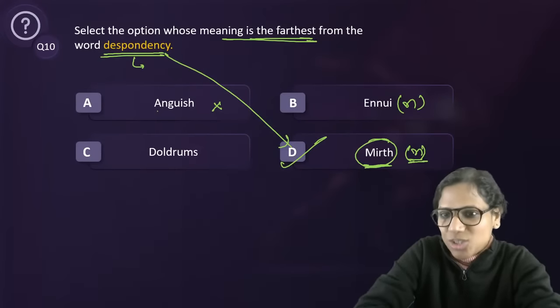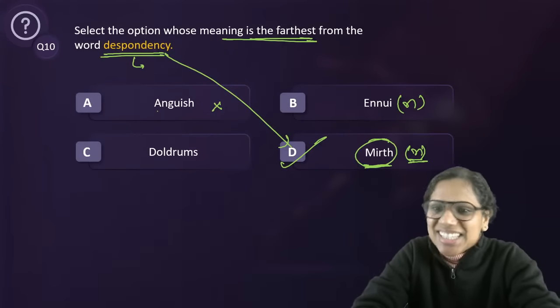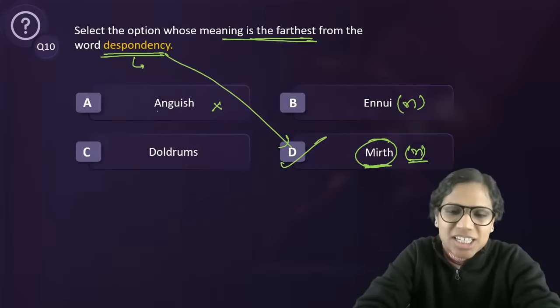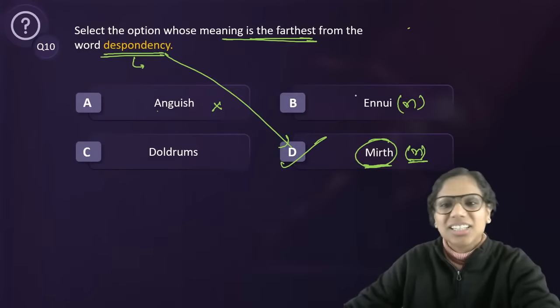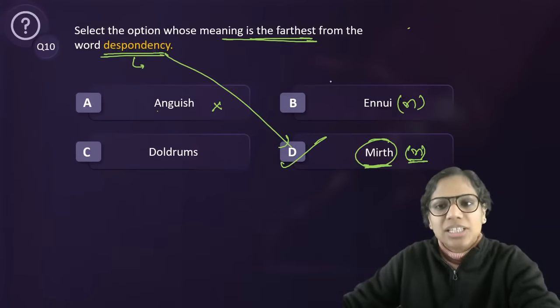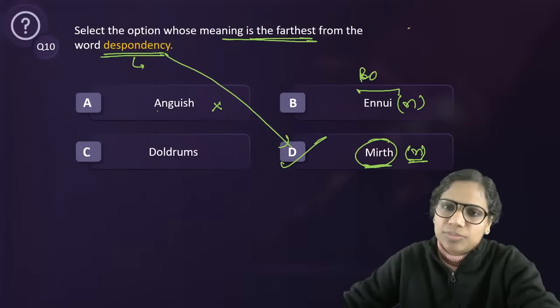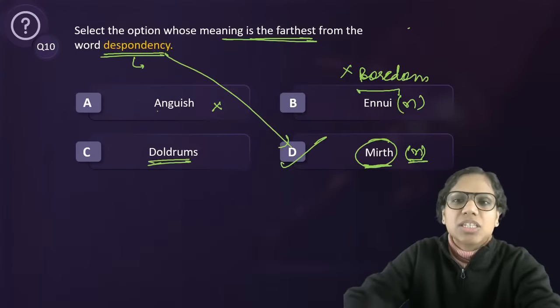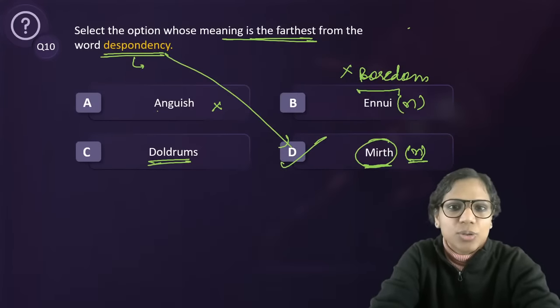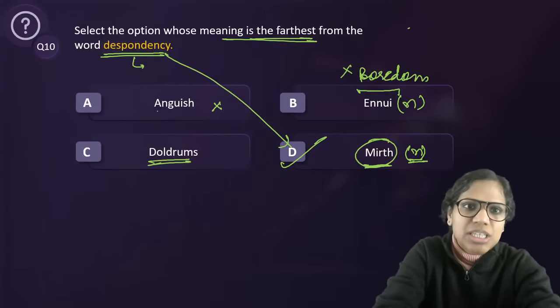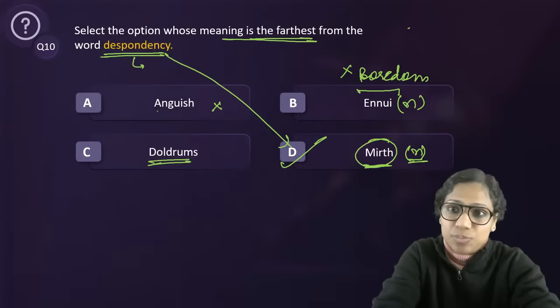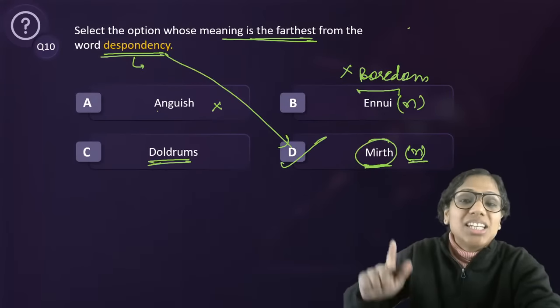Listlessness, absolutely right. When you are indolent, yes, we did the word indolent also, very lazy, lethargic, right? So these are related words, not exactly the same words. Ennui is boredom. ठीक है, so ये भी आंसर नहीं है. Doldrums, it's a state when you feel very stagnant, you are feeling a little depressed because of this, melancholic because of this. That is when you are in the doldrums.